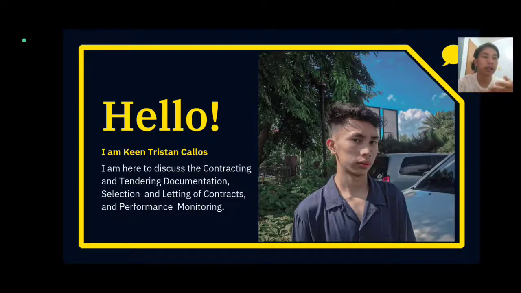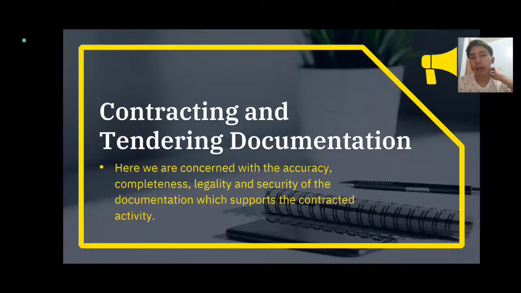I'm King Tristan Callos. I'm here to discuss the continuation of chapter 14, which is the contracting and tendering documentation, selection and letting of contracts and performance monitoring. Na continuation nga ng chapter 14 yung third part. Then let's discuss first the contracting and tendering documentation.